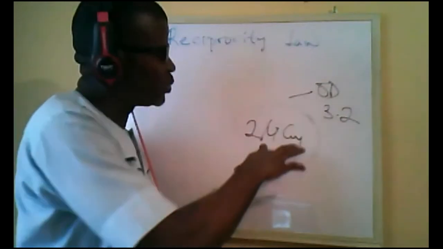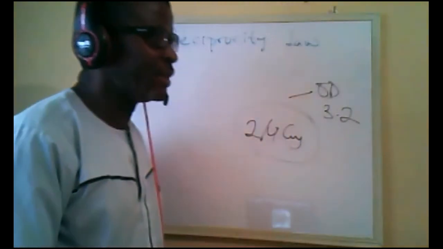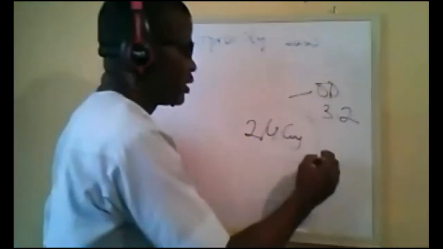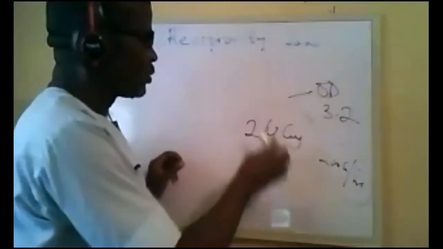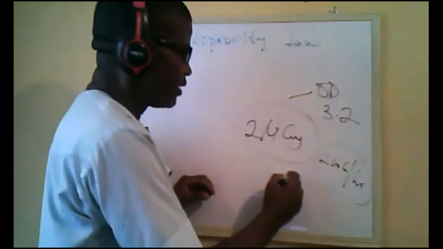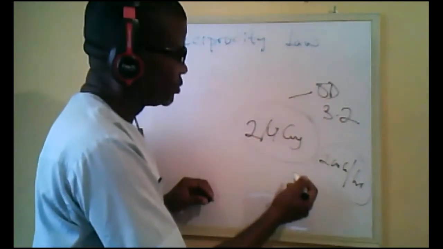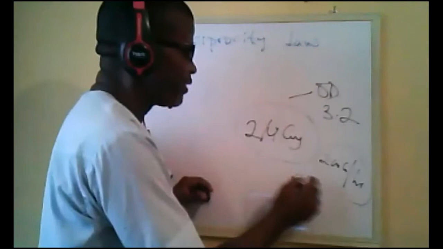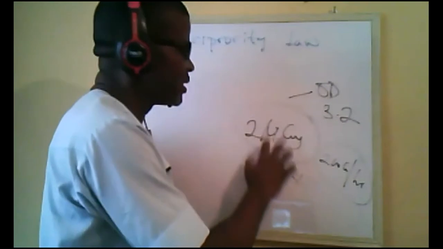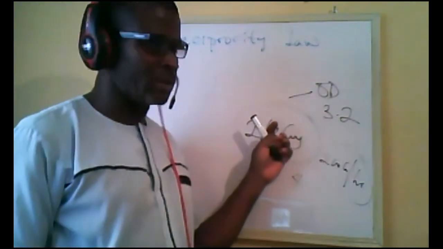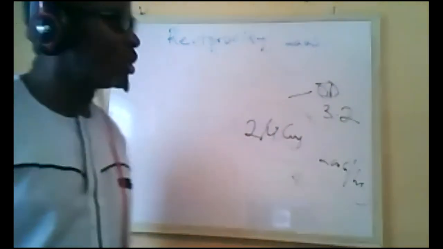You can have exposure at a particular rate, maybe 2 microgram per hour, 4, or 5 microgram per hour. So irrespective of the rate at which we get this exposure, we should have an optical density of 3.2. But that does not happen always.